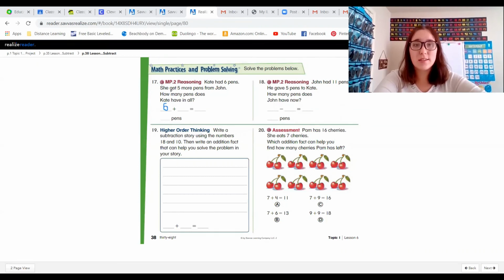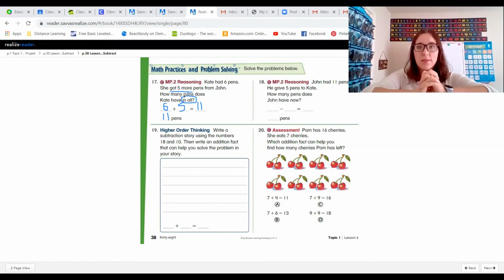So if you get something and you get more of them, that means we're adding, okay? So 6 plus 5 is what? 11. So now she has 11 pens in all. Remember, whenever you see the words in all, that means you're adding, okay? You're finding the total. You're putting them all together.